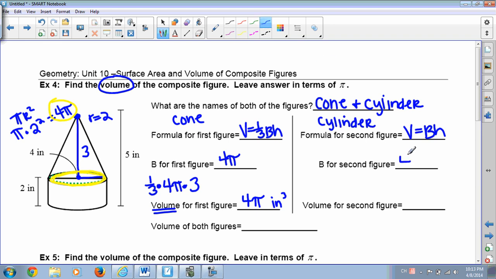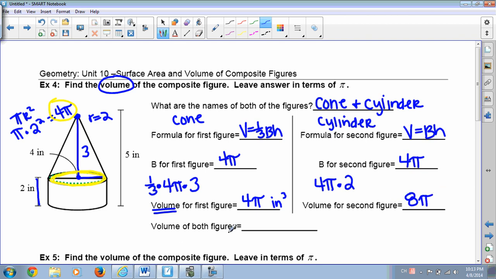Now we're just going to follow our formula. Area of our base, 4 pi, times the height of our cylinder, in this case 2, which is right here. And 4 times 2 is 8 pi.